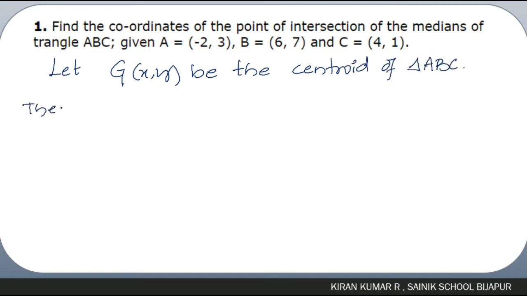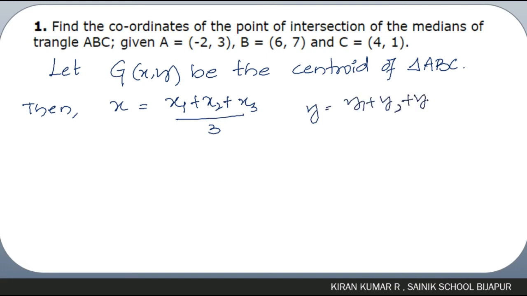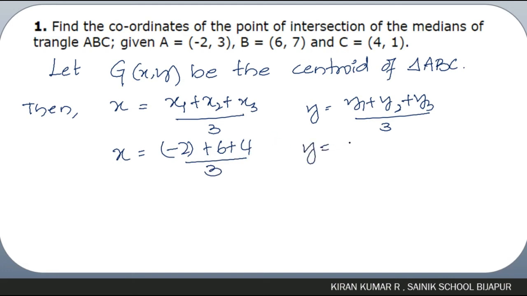Then the coordinate of x will be given by x1 plus x2 plus x3 divided by 3 and the coordinate of y is given by y1 plus y2 plus y3 divided by 3. On substituting, we get -2 added to 6 added to 4 divided by 3, y coordinate 3 added to 7 added to 1 divided by 3.